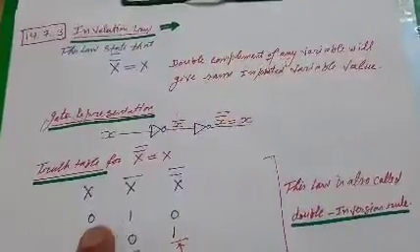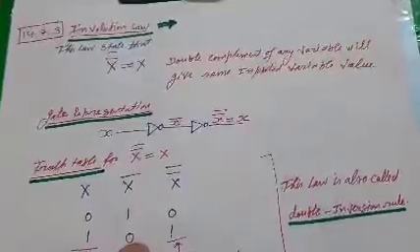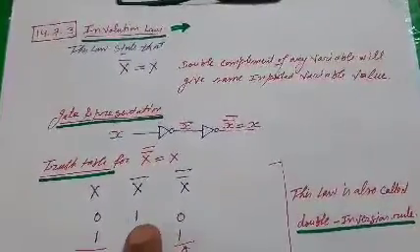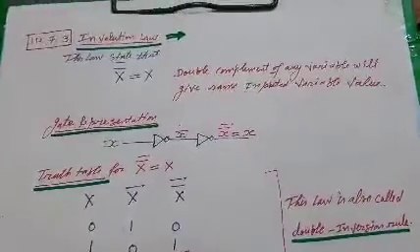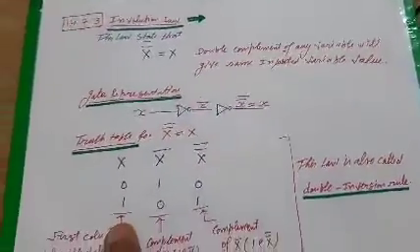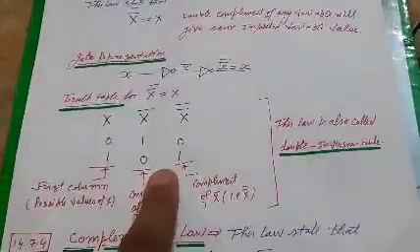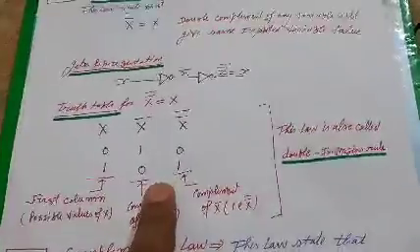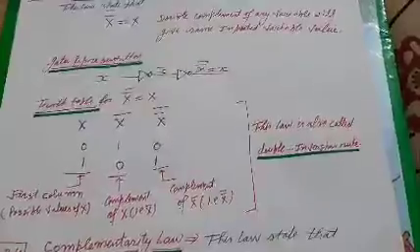The truth table of x, complement, double complement equal to x: x is 0 and 1. The complement of 0 is 1, the complement of 1 is 0. Then again complement it, so the complement of 1 is 0, the complement of 0 is 1. The last column and first column are both identical. So we can say the double complement of any variable will give the same value as the first variable, that is, the input variable.